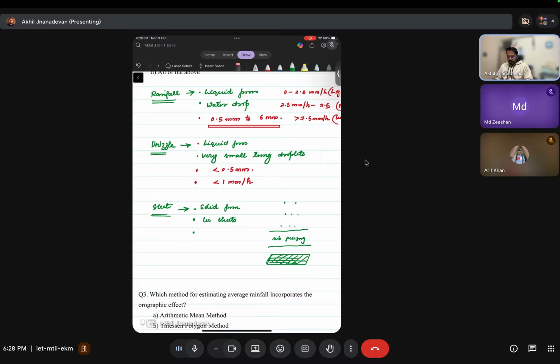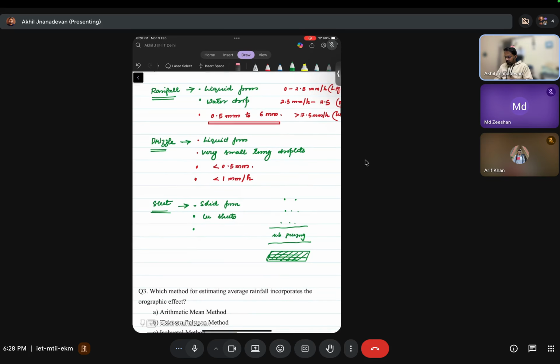So this is very dangerous. While driving or walking over it, it is very slippery, right? So this is a dangerous form of precipitation. Basically what we need to remember is it is nothing but a sheet of ice laid over the ground surface, and it is formed when raindrops fall through a sub-freezing layer in the atmosphere.